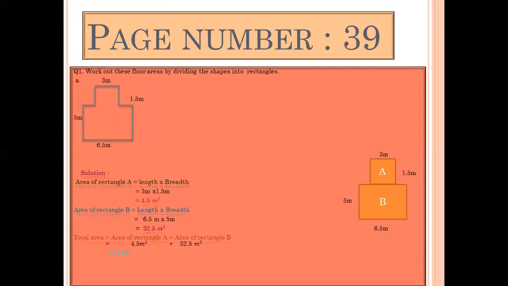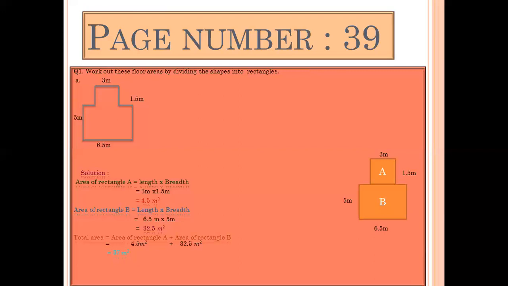We calculated the area of both the rectangles A and B. Now is the time that we calculate the area of the whole figure which is given in the question. We add both the areas of the rectangles. Area of rectangle A plus area of rectangle B. We calculated area of rectangle A as 4.5 meters square and area of rectangle B is 32.5 meters square.